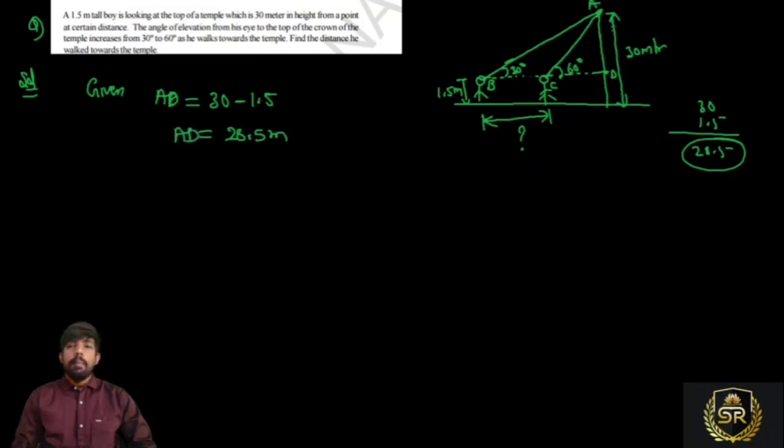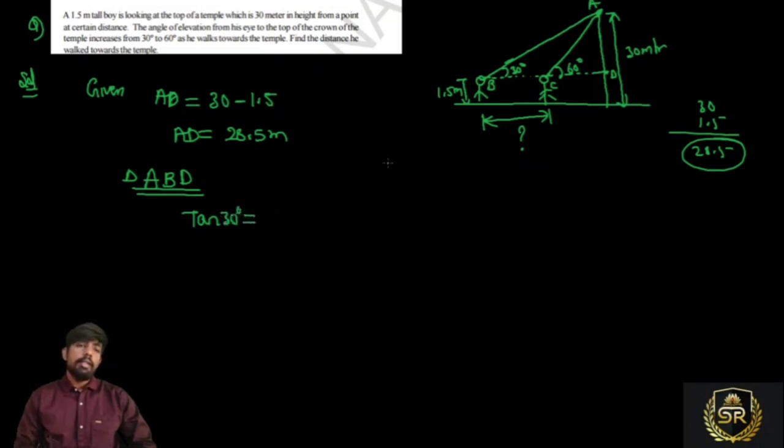Next, first consider the right angle triangle ABD. Use tan theta. Here 30 degrees is there, right?